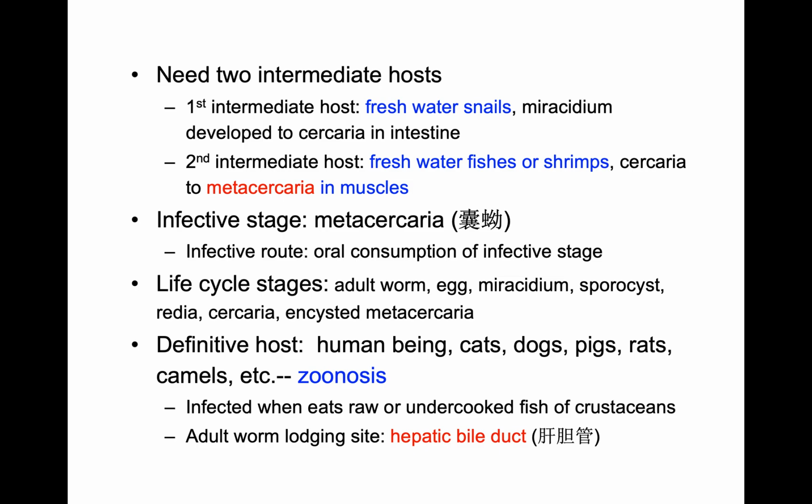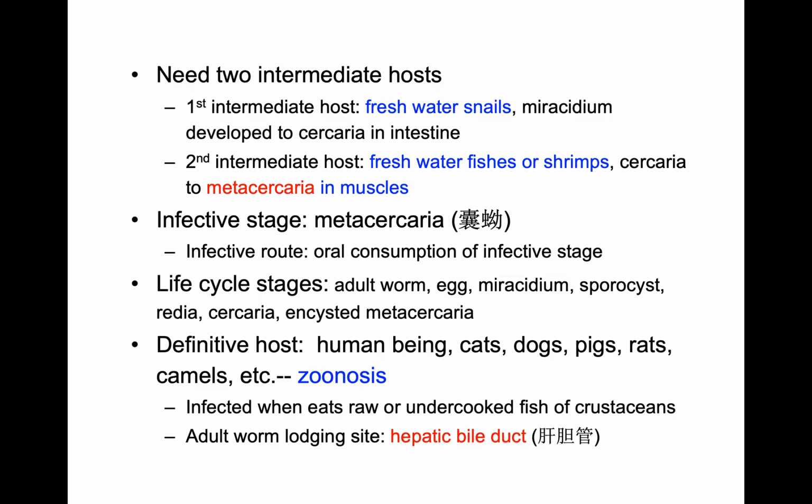And the life cycle stages include adult worm, egg, Miracidium, sporocyst, Redia, Cercaria, encysted Metacercaria. And the definitive host is human being, and other than human being, there are cats, dogs, pigs, rats, camels.